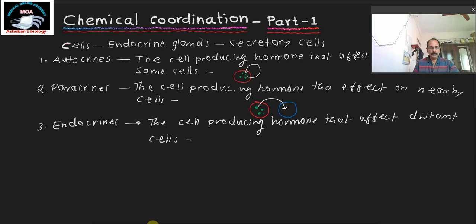For example, suppose this is the cell that is producing the hormone, okay, and this hormone is affecting another cell that is present far distant. So the distance भरपूर आहे त्याच्या शेजारी नाहीच आहे. So then it is known as the endocrine gland. So the effect is present on another cell just like a paracrine, but the cell is present very distant, near about 1 meter or more than that, or a little bit less than that, then it is known as the endocrine cell, and the gland containing the endocrine cell is known as the endocrine gland.